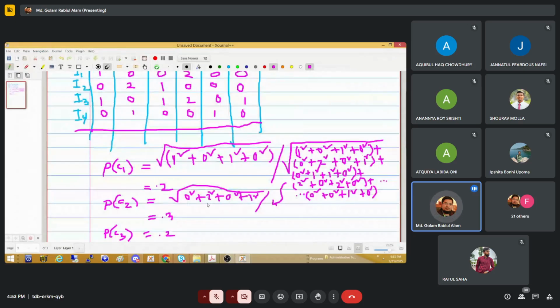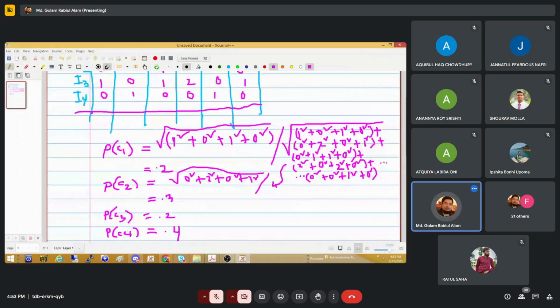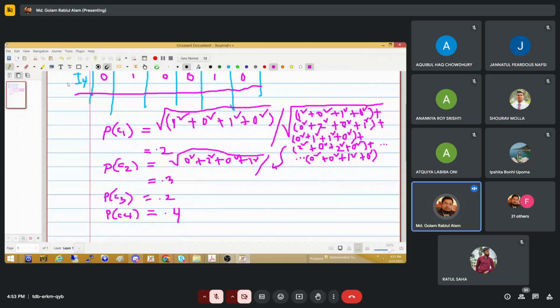For each and every column we have the initial probability distribution. Let's write those distributions out here.